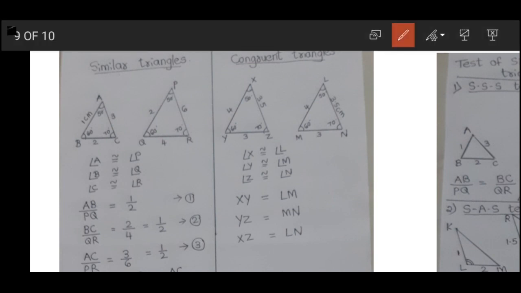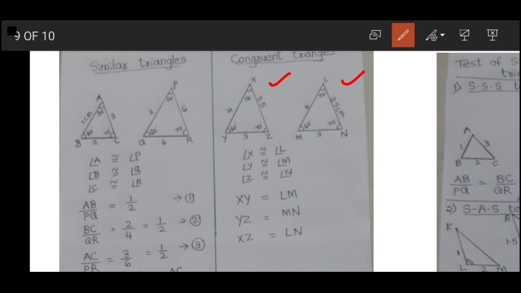Now see the similar triangles. Can you see the diagrams here? They look similar. In congruent triangles also the diagrams look similar, but in similar triangles one will be small in size, another one will be bigger in size. But in congruent triangles both of them will be the same in size.